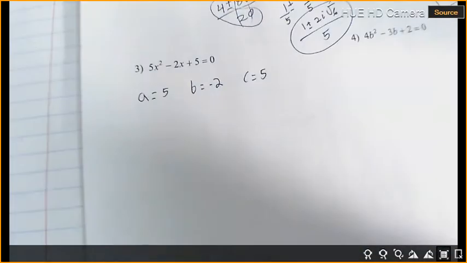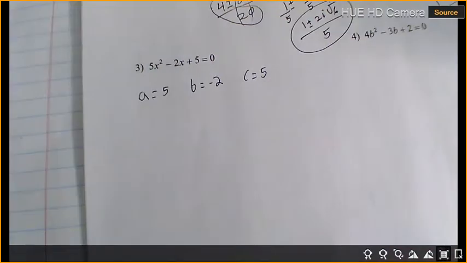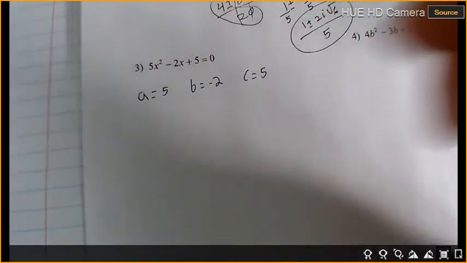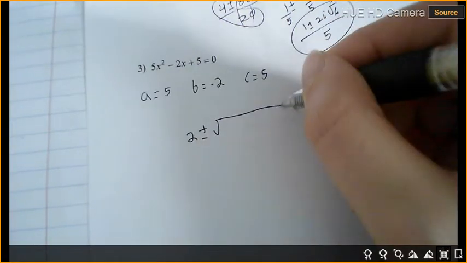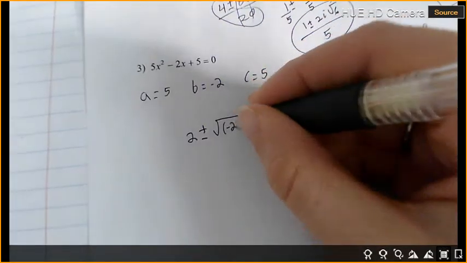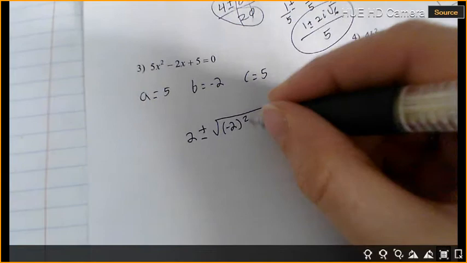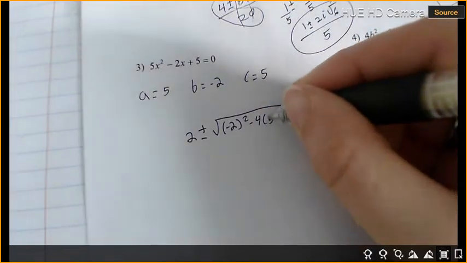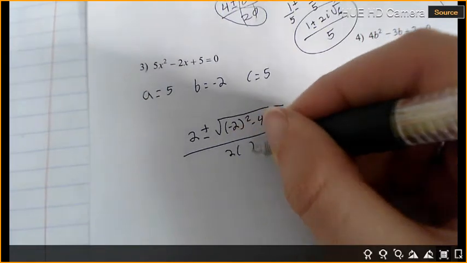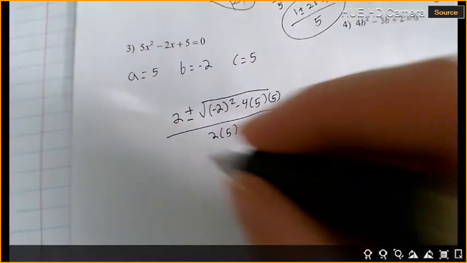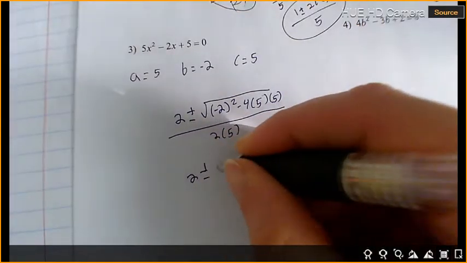Okay, so let's plug it in. What do we get? A negative and a negative makes a positive, so it's 2 plus or minus the square root of negative 2 squared minus 4 times 5 times 5, all over 2 times 5. Good. Okay, I'm just going to bring the 2 plus or minus down.